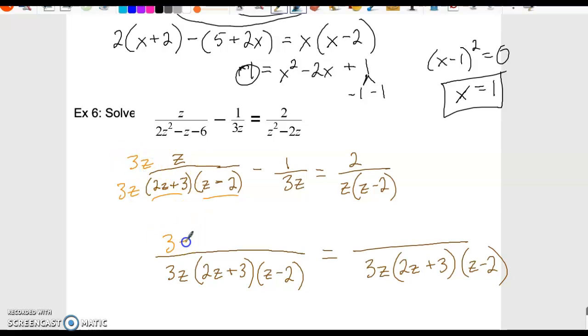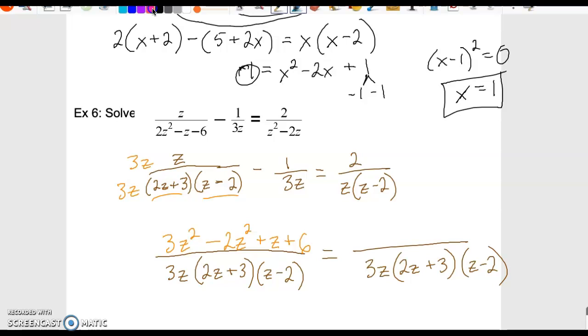So that's 3z squared. This is a lot of things missing. I guess what's sort of nice about this is the only thing it's missing is this 2z plus 3 and z minus 2, which we factored out earlier as this. So notice the minus I'm also going to distribute to all of those. 2z squared plus z plus 6.